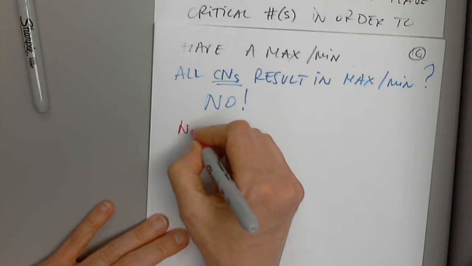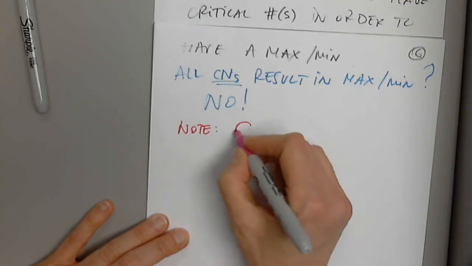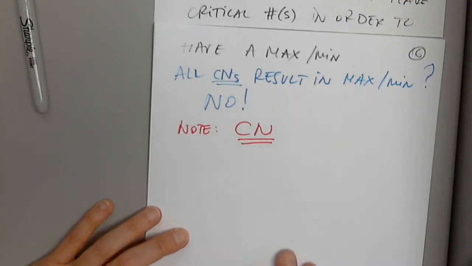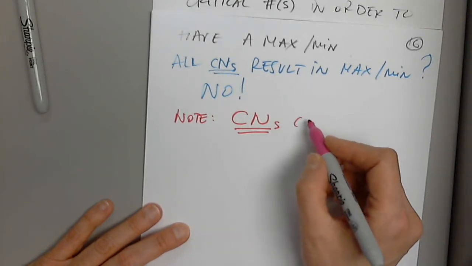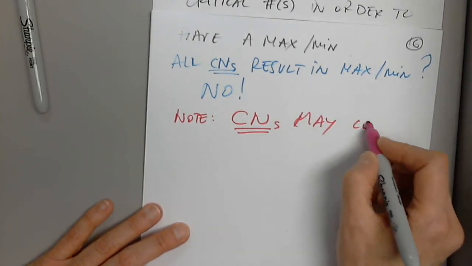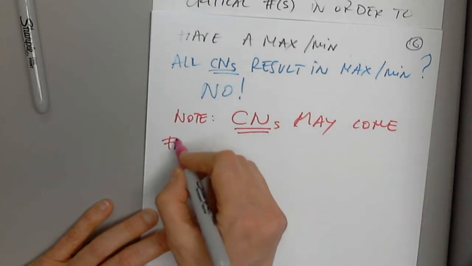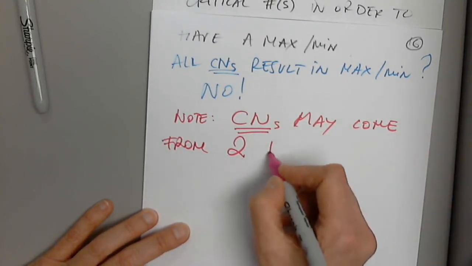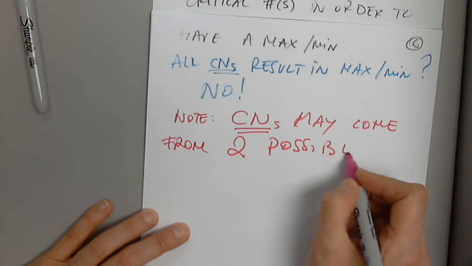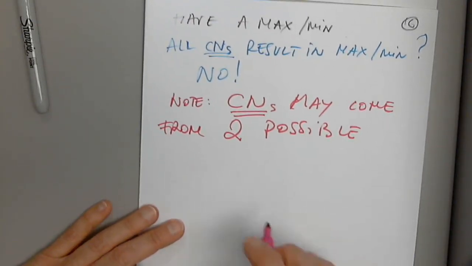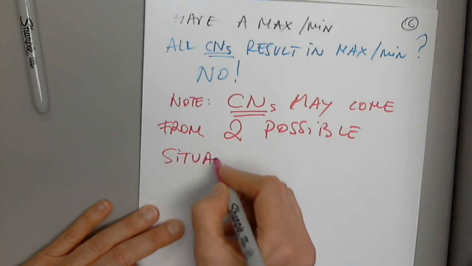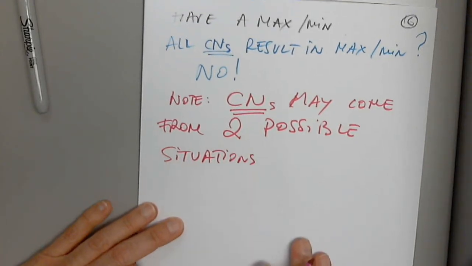Our next note. A critical number or critical numbers may come from two possible situations. There's nothing else.